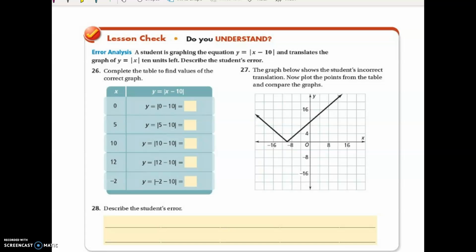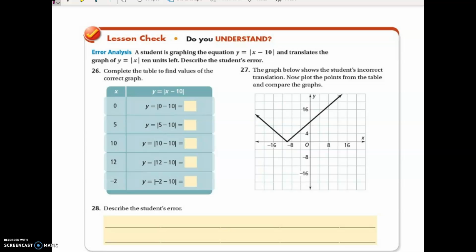Remember that if the number is inside those absolute value bars, it's the opposite of what you want to do. So if it's minus 10, the student should have moved it 10 to the right. And if you fill in the table here, you would see that would be the case.